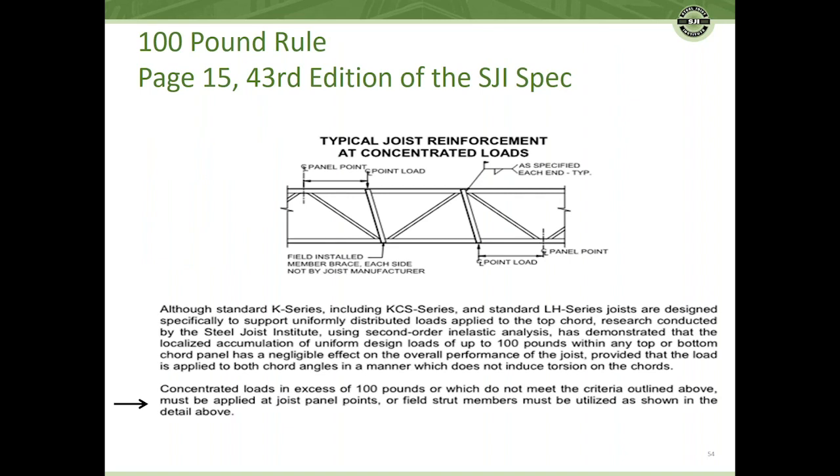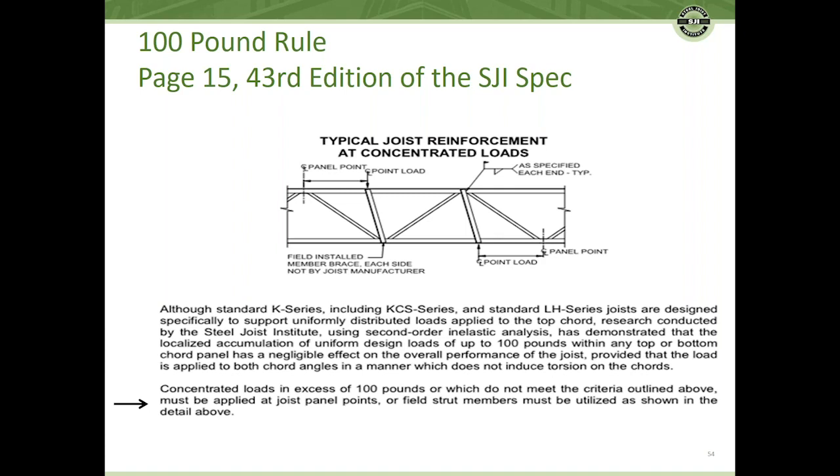This is a relatively new concept, this 100-pound rule. Essentially what it says is that if the loads are considered uniform loads, and you have some relatively minor concentrated loads up to 100 pounds, and the 100 pounds is applied to both chords in a concentric way, then additional web members do not need to be placed just for these minor 100-pound loads.